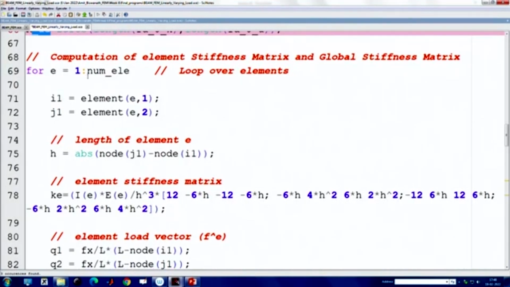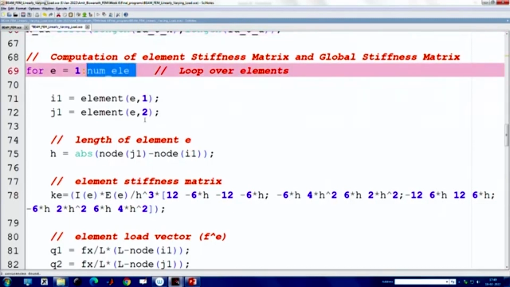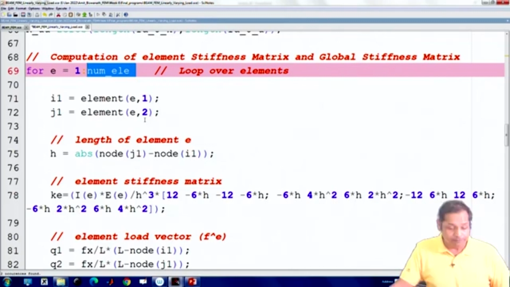Next is the computation of the global stiffness matrix and global load vector. This loop has to be over the elements. NumLE is the total number of elements we have in the problem.